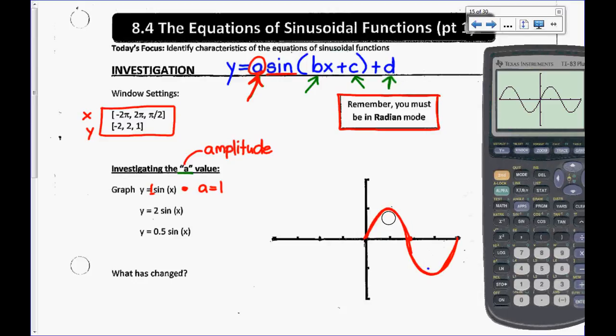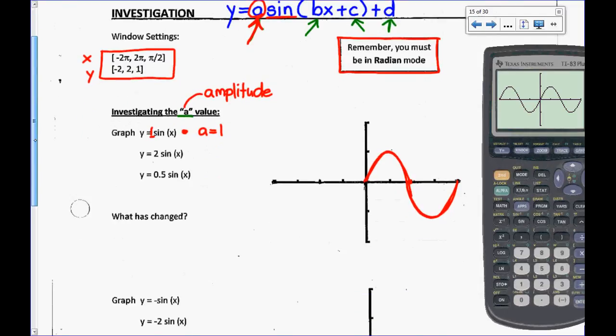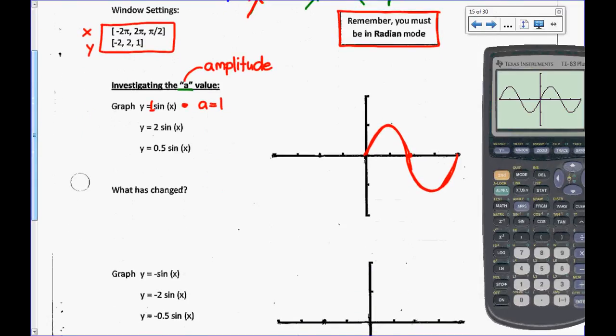And I'm going to erase this here so that I can see. Okay, so my amplitude is 1, the distance from my midline to the maximum point, or the midline to the minimum point is 1. Okay, and I also can determine on this basic sine graph where my midline is.